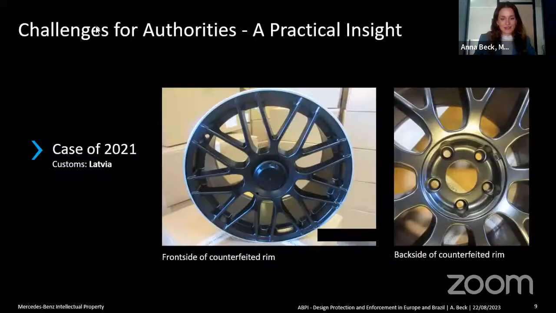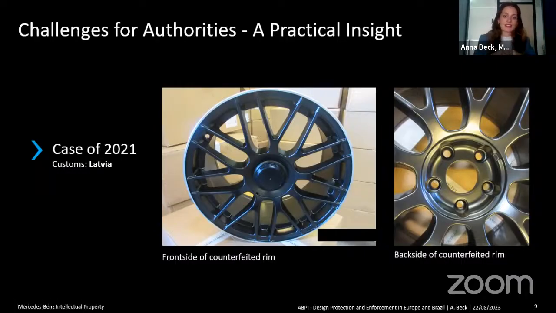This refers to many customs cases because, unfortunately, all we find inside is the rim itself with no marking, no branding at all. On the pictures, you can see the front side and the back side of the rim. The front side is on the left, the back side of the rim is on the right.